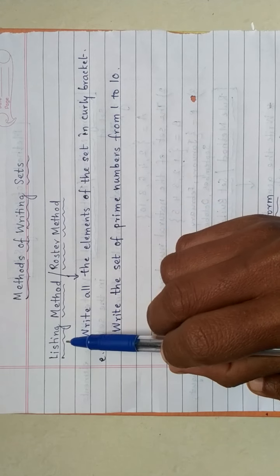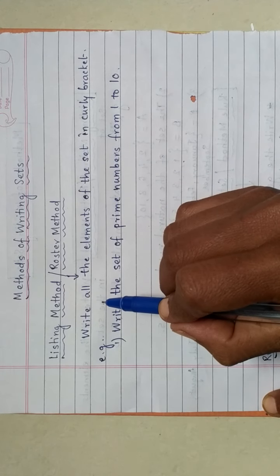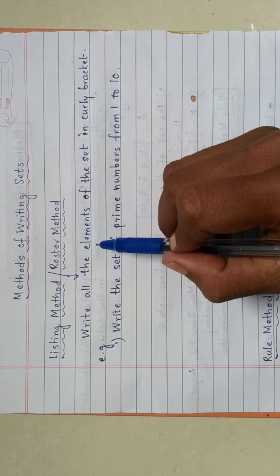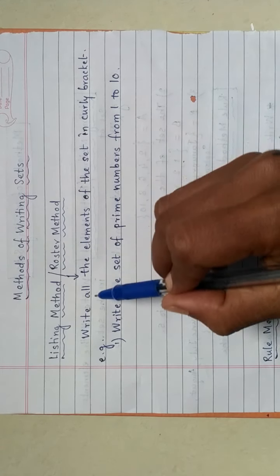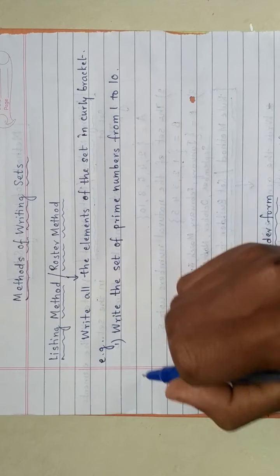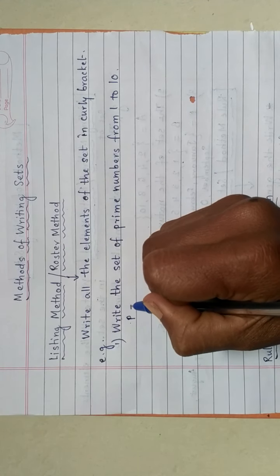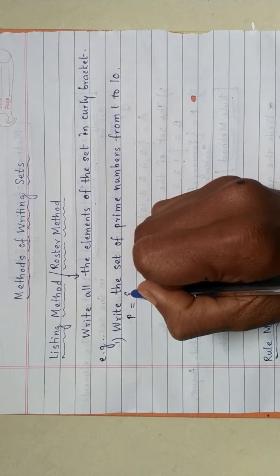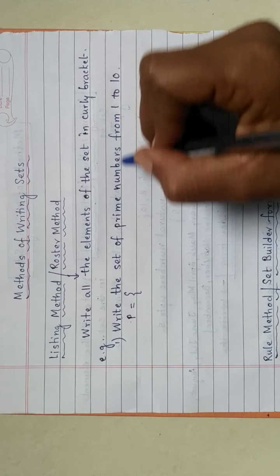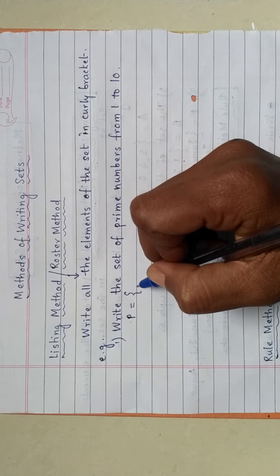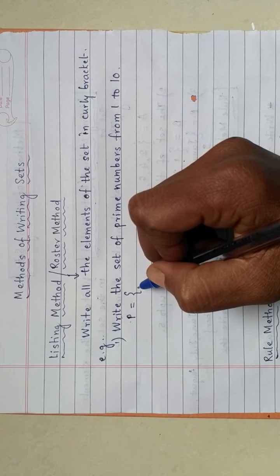What are we saying here? By listing method, how will we be writing this set? We write all the elements of the set in curly brackets. Let's say we represent the set of prime numbers by the letter P. So P is a set of prime numbers from 1 to 10. We will count. 1 is neither prime nor composite, so we will not take 1.